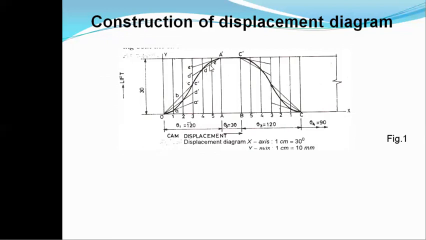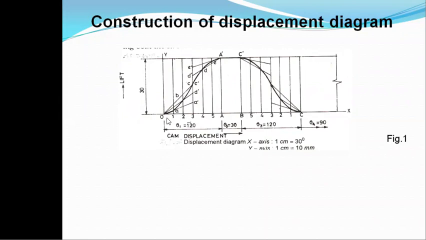After some uniform acceleration, it will retard. So starting from here we have to join A dash E dash, which will give you the point E, and A dash D dash, which will give you the point D, for the vertical lines 4 and 5.